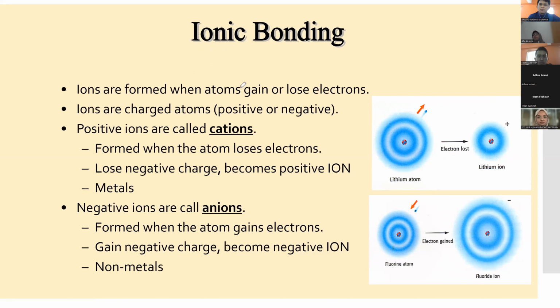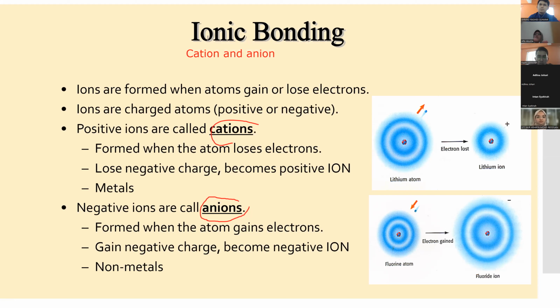Ions are formed when atoms gain or lose electrons. So ions are cations or anions. Ionic bonding is about cations and anions. It will happen if there is a cation and an anion.